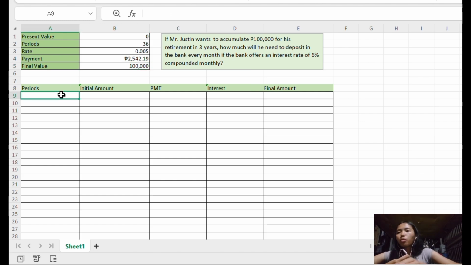Now let's proceed to our period. We need to input 1. For our initial amount, we put an equal sign first, then click the present value, then enter. Now in our PMT, let's put an equal sign, then click the payment, then enter. So our PMT is equal to 2,542.19 pesos.